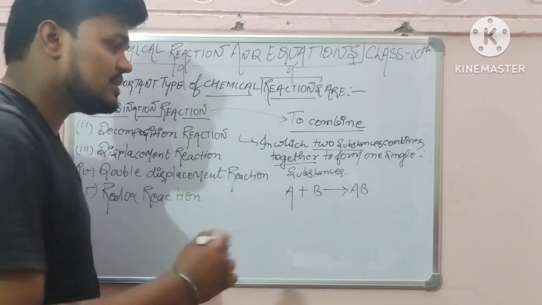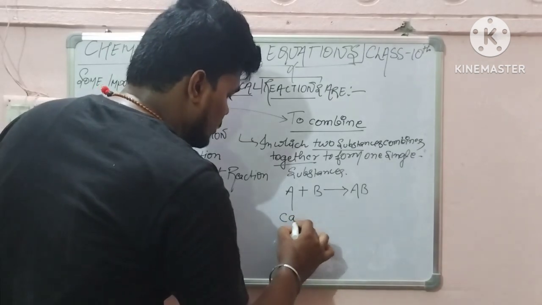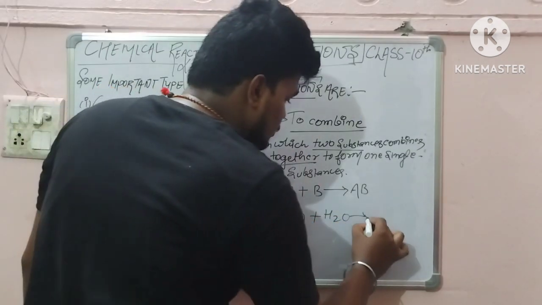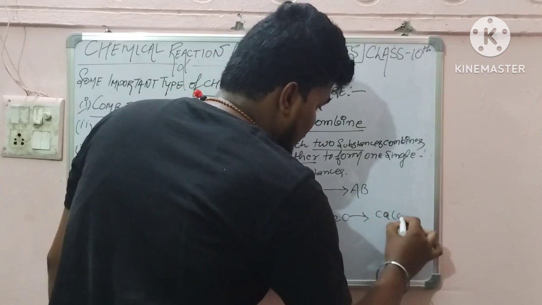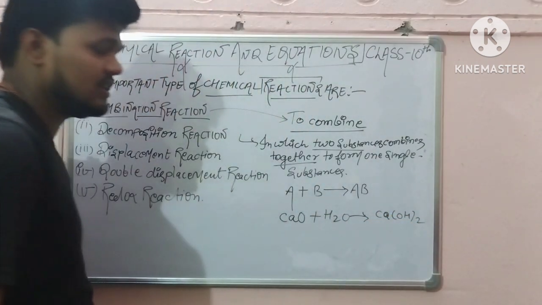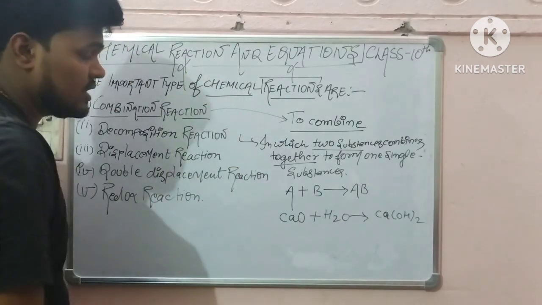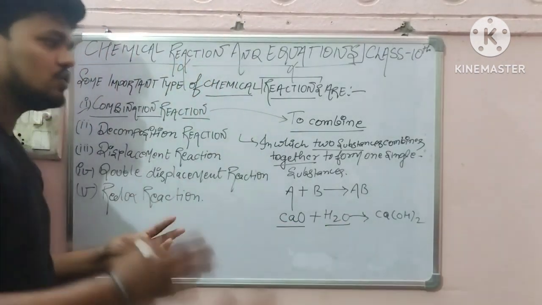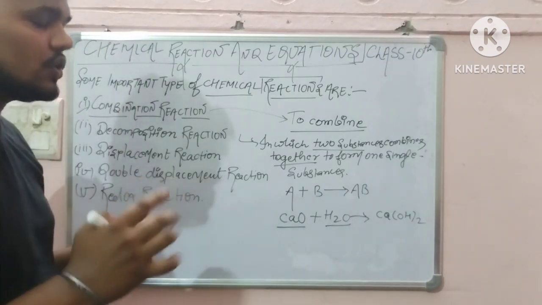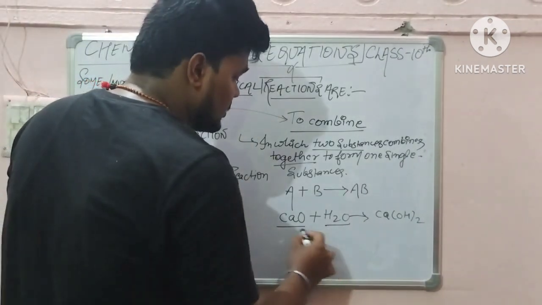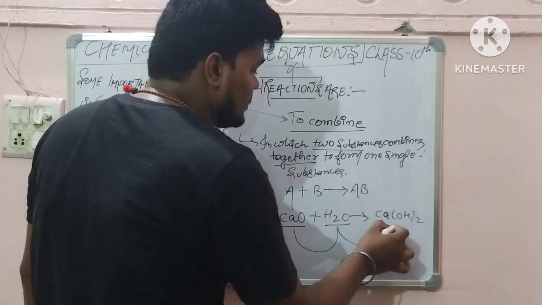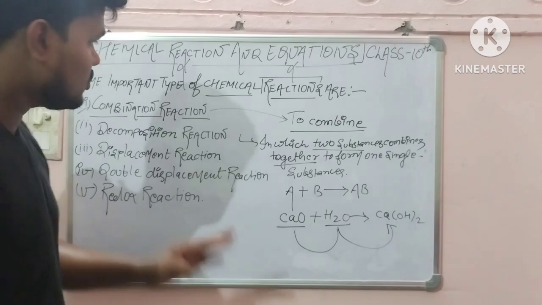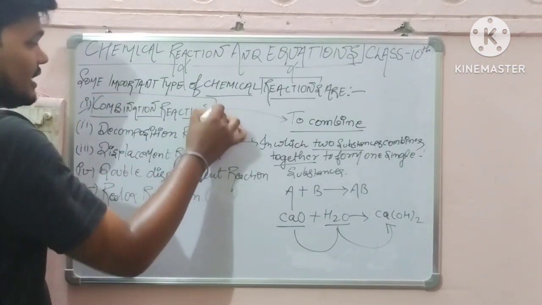Similarly, take the example of calcium oxide, CaO, plus water, it will give you calcium hydroxide. What did you study here? Calcium oxide and water were two totally different substances, and they have combined together and given you one new substance, calcium hydroxide. So this is the combination reaction.